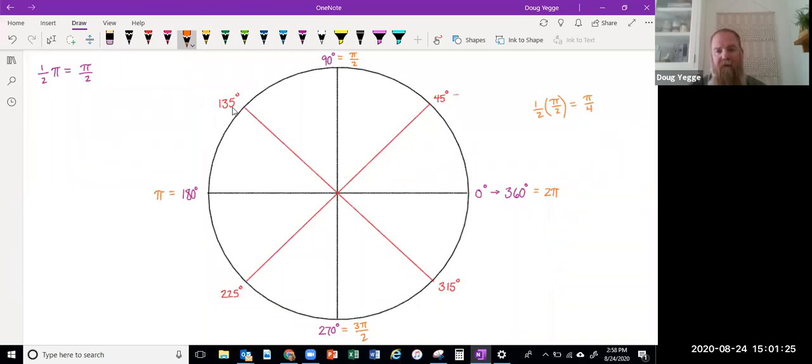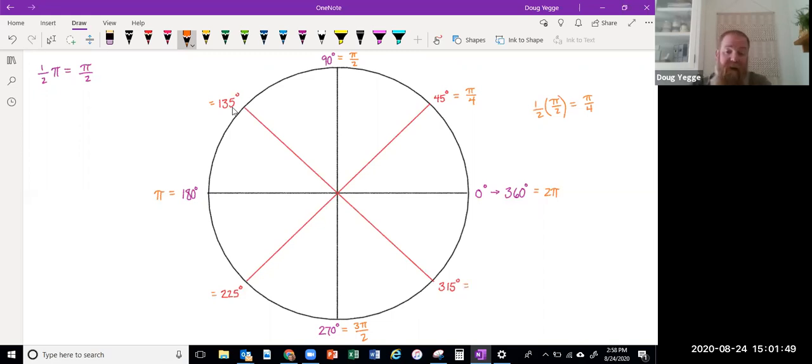So from this point on in this semester and all other classes involving radians, 45 degrees is the same as pi over 4 radians, which is pretty great because now I'm going to be able to convert all of these other 45-degree reference angles into radians as well.